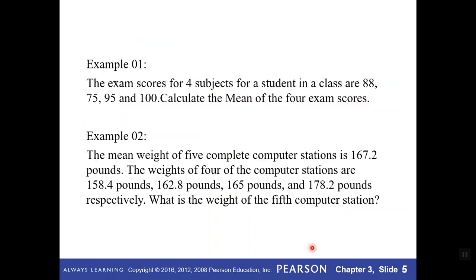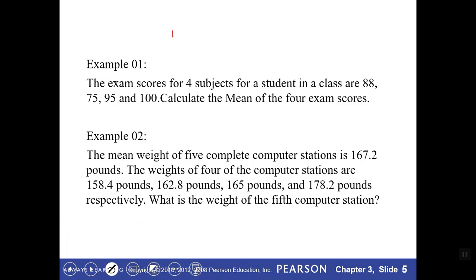You can see in example 1, exam scores for 4 subjects for a student in a class are 88, 75, 95 and 100. Calculate the mean of the 4 exam scores. So how do we calculate the mean?